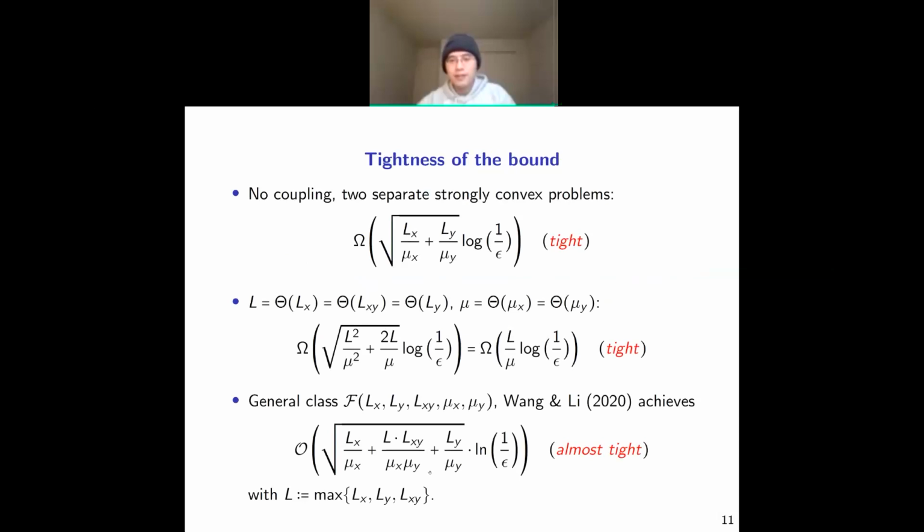I think this maybe shows your bound is tight, because you can scale your problem by this L. You can always scale that. Then your Lx, Ly, and mu x, mu y are all scaled, just like you divide by L. Then that L will appear in the log term, right? If we scale back.